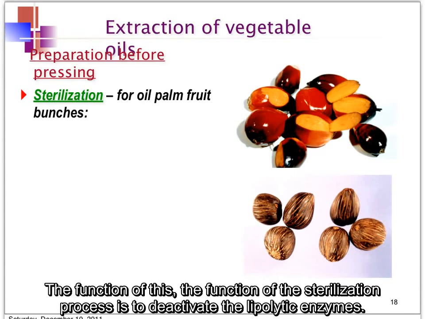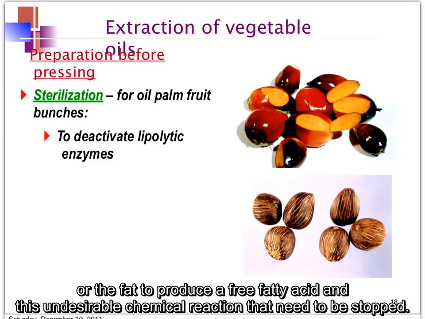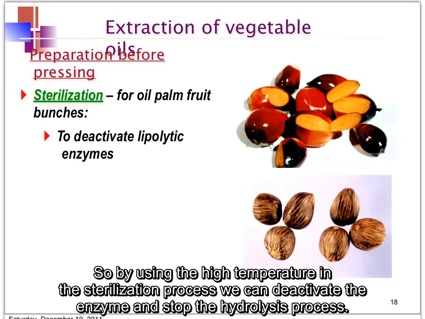The function of this sterilization process is to deactivate the lipolytic enzymes. The lipolytic enzymes such as lipase in the oil palm fruits can cause hydrolysis of the triglycerides or fat to produce free fatty acid, and this is an undesirable chemical reaction that needs to be stopped. By using high temperature in the sterilization process, we can deactivate the enzyme and stop the hydrolysis.